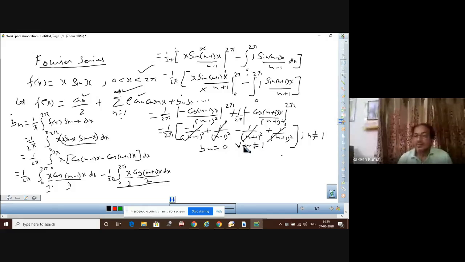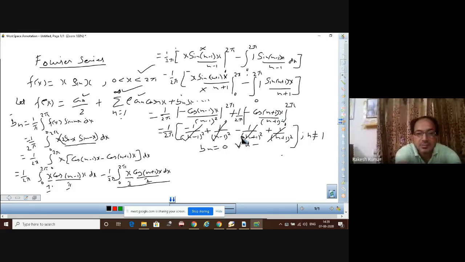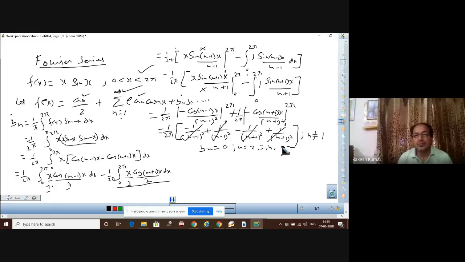It means the value of b n comes out to be 0 for all n not equal to 1. You can also write down the condition like this, that it is 0 for n equal to 2, 3, 4, and so on to infinity. But for n equal to 1, we need to find out a special case, that is b 1, on the same pattern of a n.